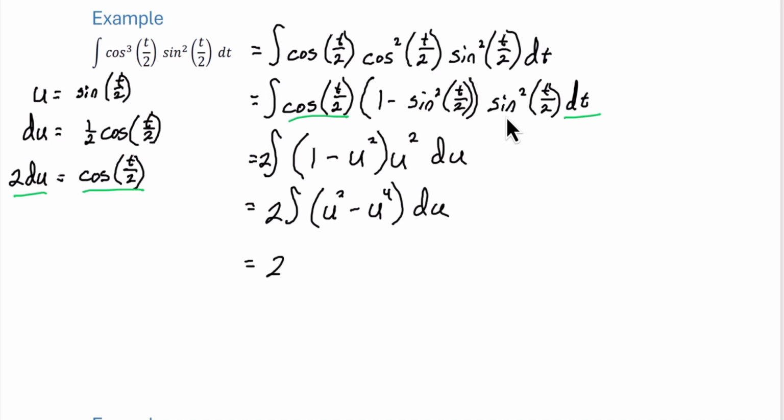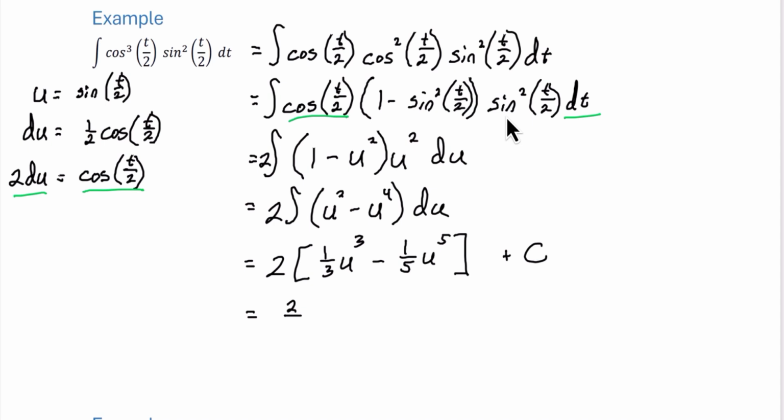Then integrating, we'll get 1/3 u cubed minus 1/5 u to the 5th. All of that is plus c. Let's distribute the 2, and at the same time let's go ahead and plug in our u substitution. U, we said, was sine of t divided by 2.